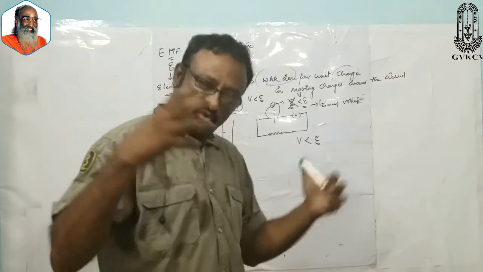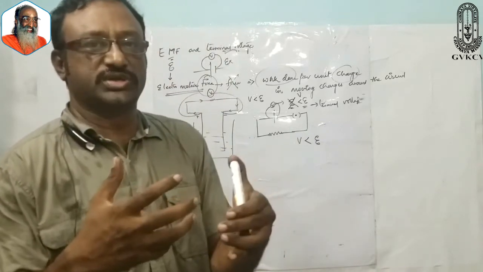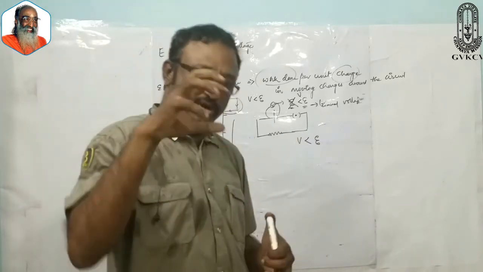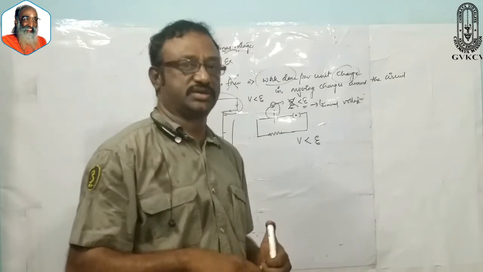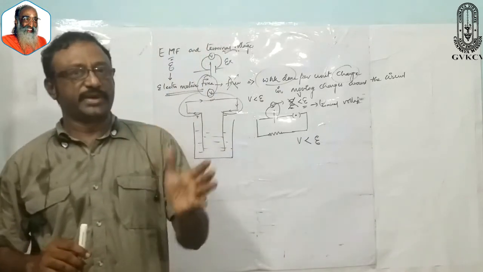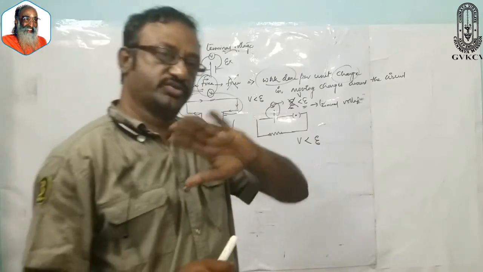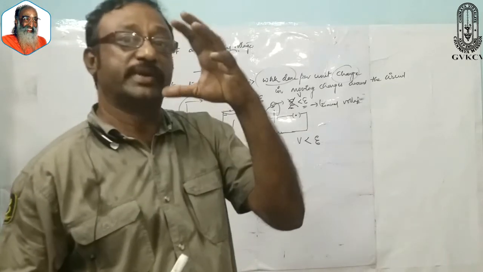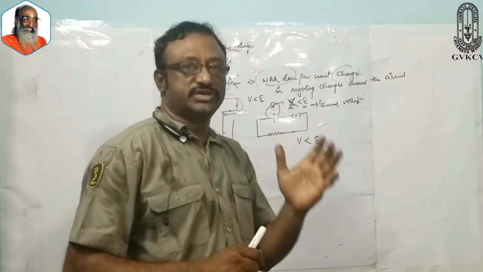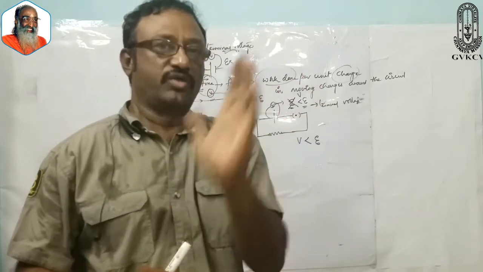At the same time, electrodes are materials, they will be having resistance. So because of these electrolytes and electrodes, some resistance is there, which is not allowing the charges to flow freely. So some potential drop is there.